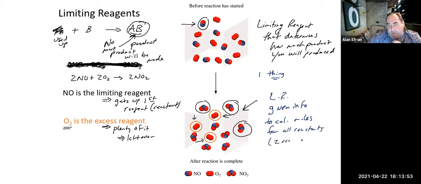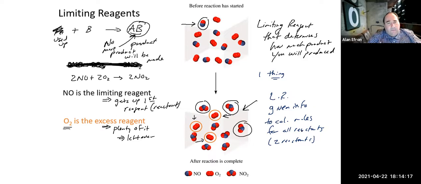It may be in different units, but the ultimate thing to look at is, do you have enough information for the reactants to figure out how many moles of those reactants you're starting with? And if the answer is yes, it means that you do have a limiting reagent problem.